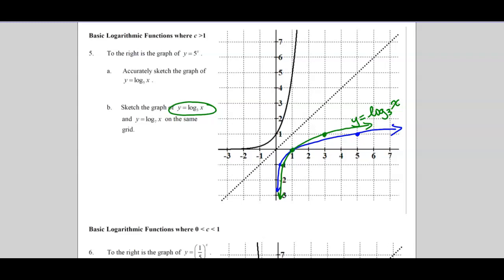Okay, and then for this one, what x value will give me a y value of 1? 7. Okay, this is still going to be 1. And then same process as the last one. If I want a y value of -1, this is going to have to be the reciprocal of the base, 1/7.